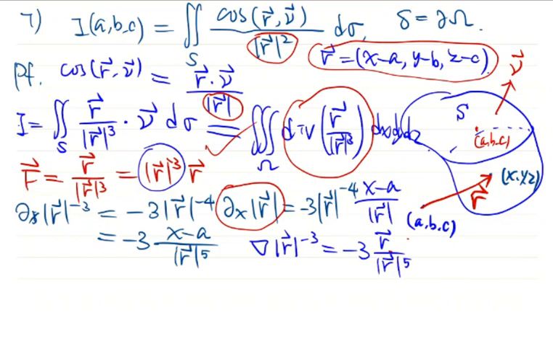So we consider the first simple case. First, we consider the case that (a, b, c) is not in omega. Then our F is smooth, F from omega to R3 is C1.